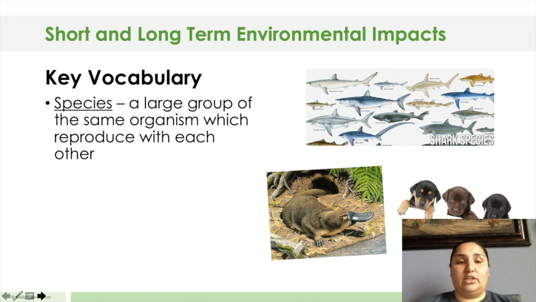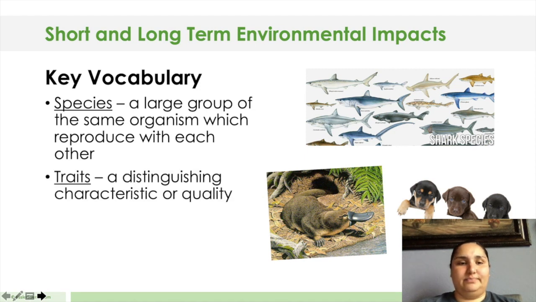Which is a large group of the same organism which reproduce with each other, okay? So we have a species of lions or a species of elephants. Elephants is one species. Lions is another species. Giraffes, another species. So once again, a large group of the same organism which reproduce with each other.